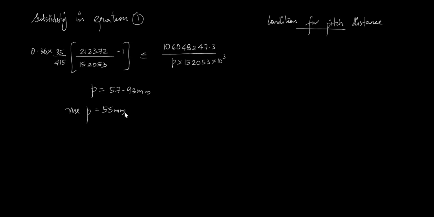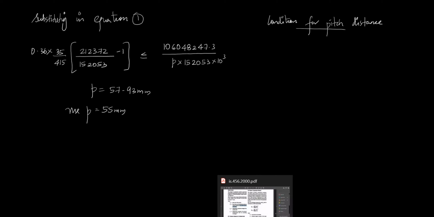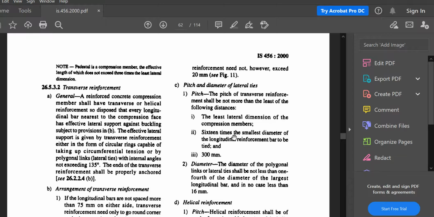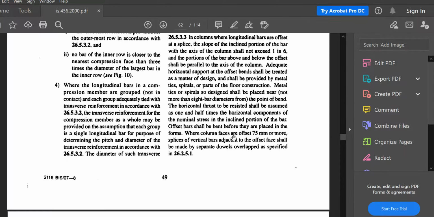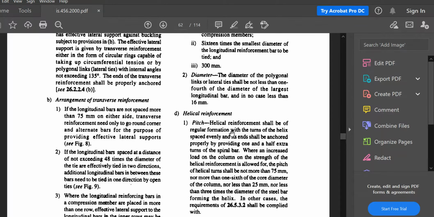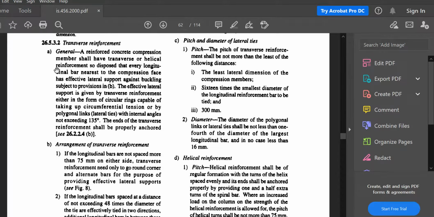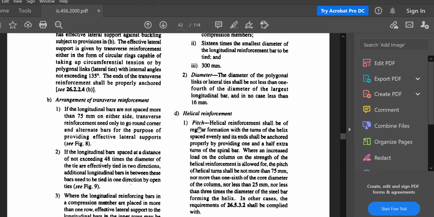Now you got this value. There are some conditions for the pitch distance given by your IS code. You can see it on page number 49, clause number 26.5.3.2 D, helical reinforcement, pitch.